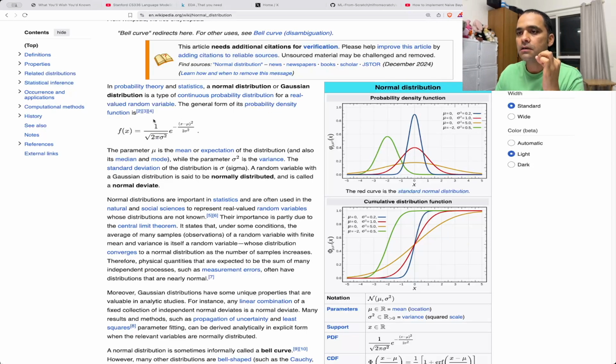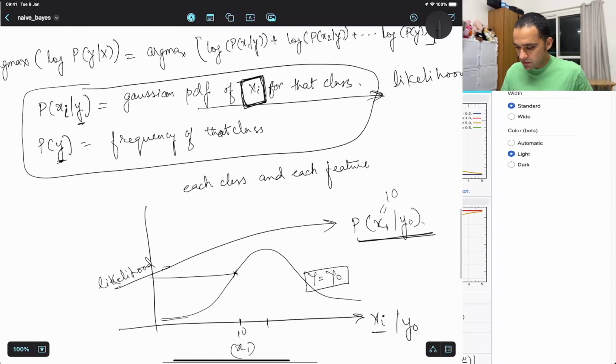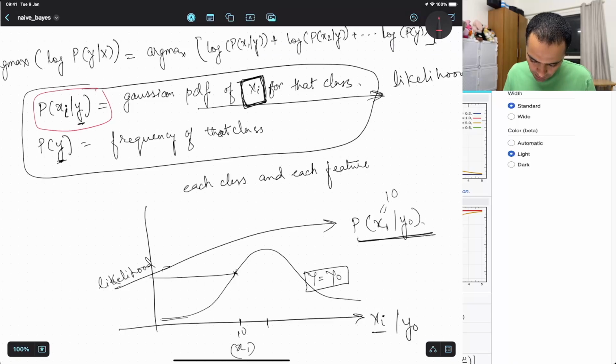Using this approximation of a Gaussian normal distribution, we'll calculate the likelihood of that feature value given that class, and that is the way we'll be able to calculate P of x1 given y.